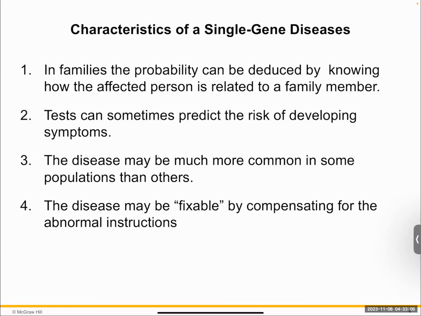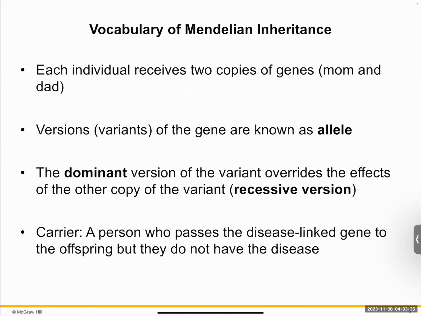We can figure out the offspring's chances of having that disease by looking at the parental genome and looking at how that affects the population overall. And in some cases, this disease, and we're going to put that in quotes, is fixable by compensating for other abnormal instructions. So basically something else, some other gene, might be able to fix the problem.